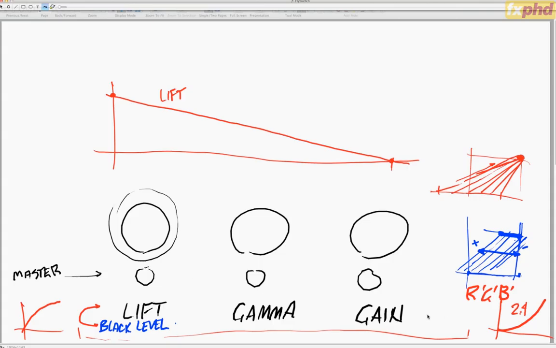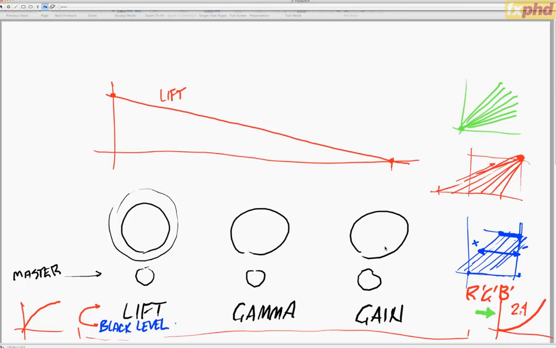Knob number two, well, let's talk about gain, because gamma really deserves to be the third one. So gain is going to leave black where it sits, and it's just going to either reduce or increase where your image data lies relative to the scale that's going to be output to your final medium.